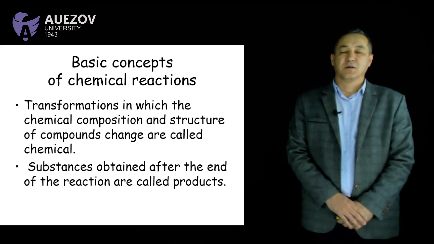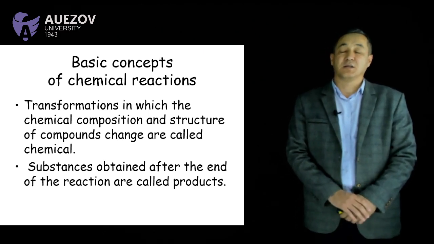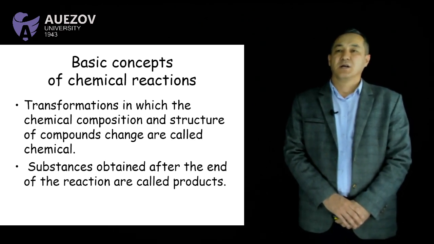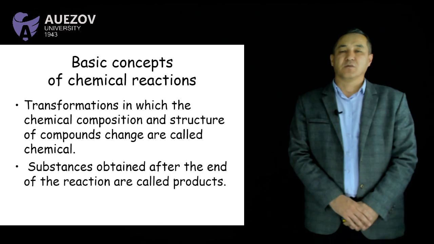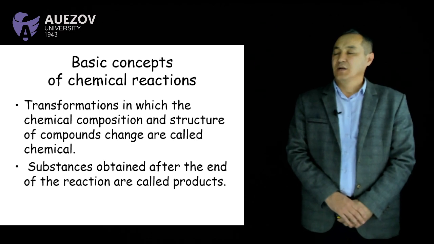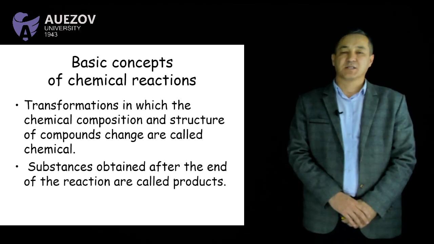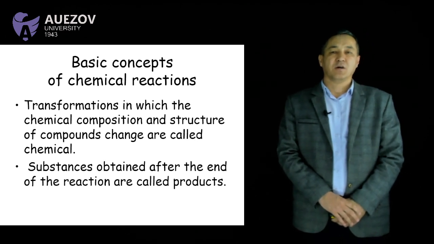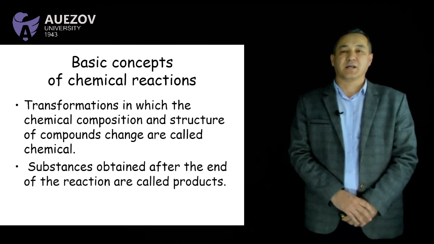In a process where we can see no change in structure and composition, we call this type a physical reaction. Substances obtained after the end of the reaction are called products, and substances we take before the start of a chemical reaction we call reagents.